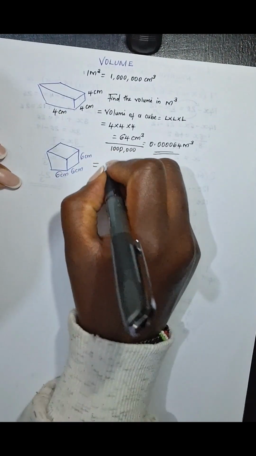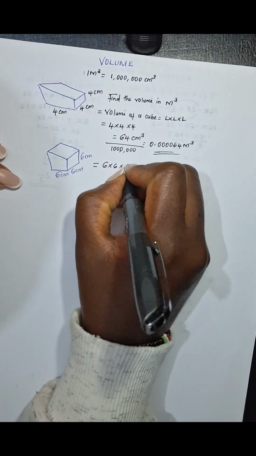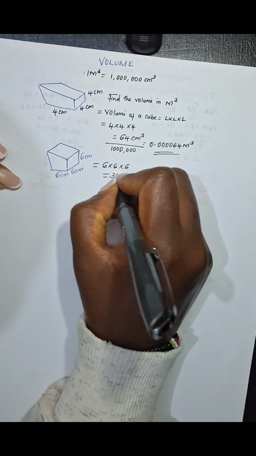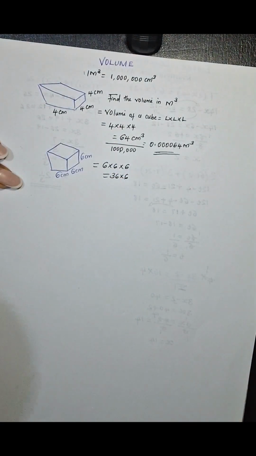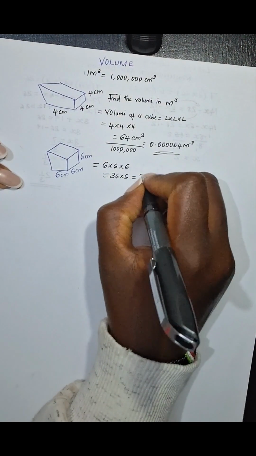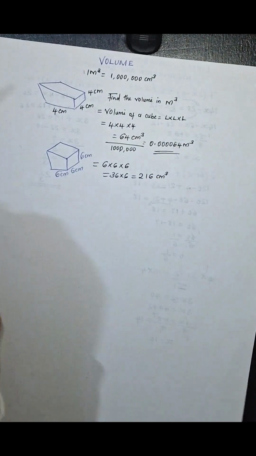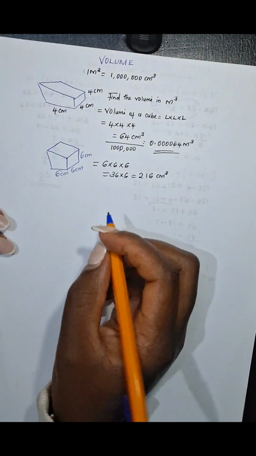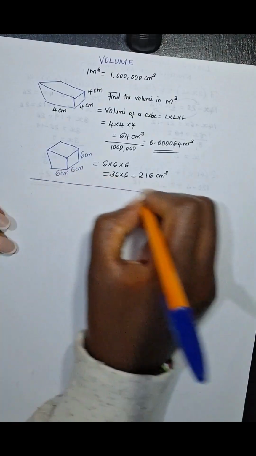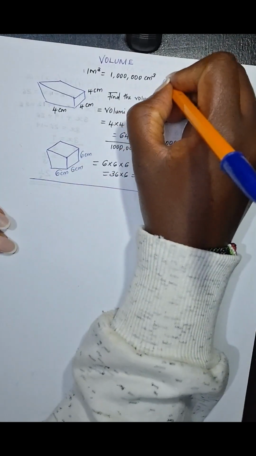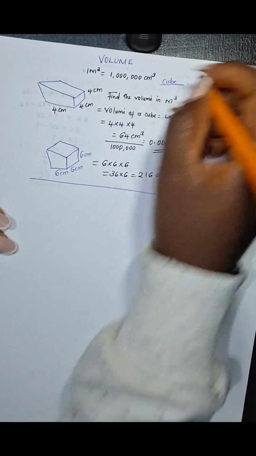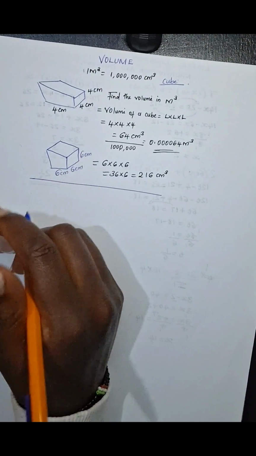So for you to find the volume, just do 6 times 6 times 6 to give you 36 times 6, which equals 216 centimeters cubic. Okay, now this one was a cube, which is made up of all squares. That's why all sides are the same.